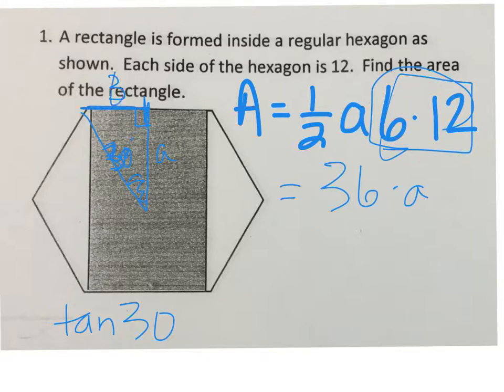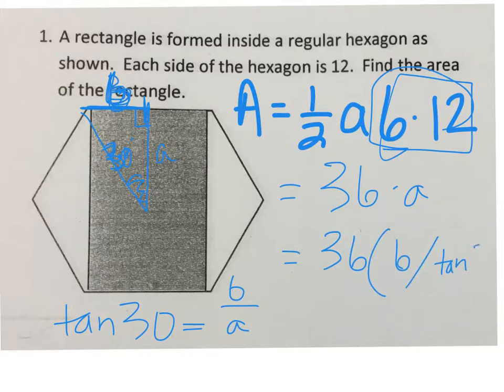Sorry, this is 6. 6 is half of 12. So tangent of 30 equals opposite over adjacent. So 6 is the opposite side, and the apothem is the adjacent side. So when we solve this for the apothem, we get 6 divided by the tangent of 30.